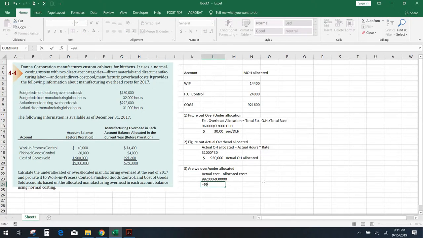That equals 62,000. Now we have to figure out, is that under or over allocated? Well, right here it says actual overhead allocated is 930,000, but they actually used 992,000, so we don't have enough allocated there. We needed to be at 992, but we're only at 930, so we're under allocated.